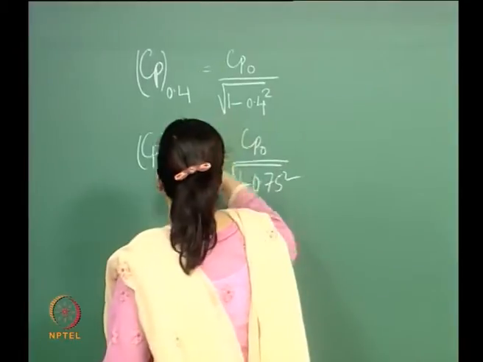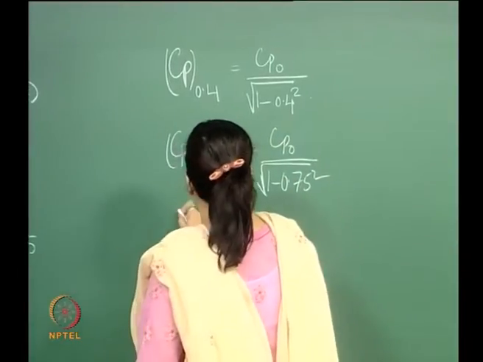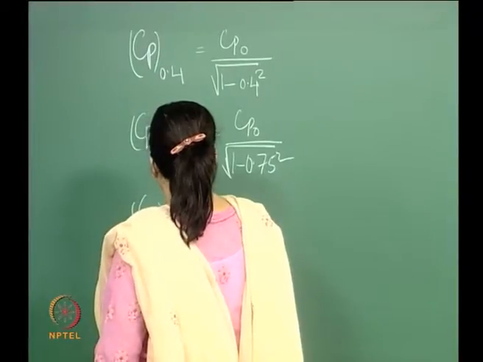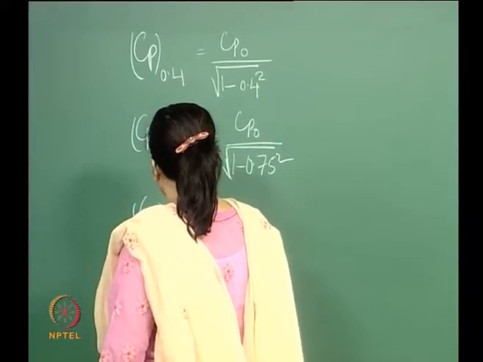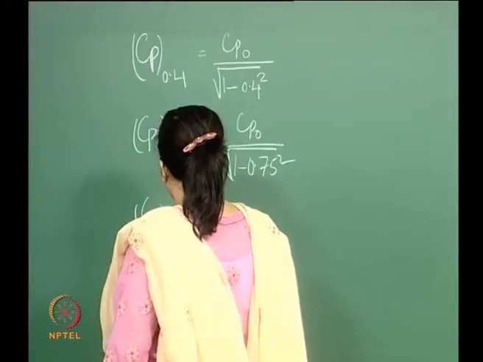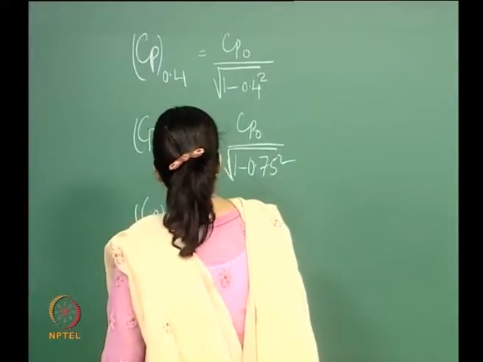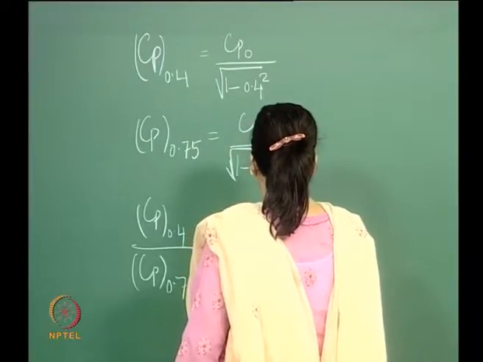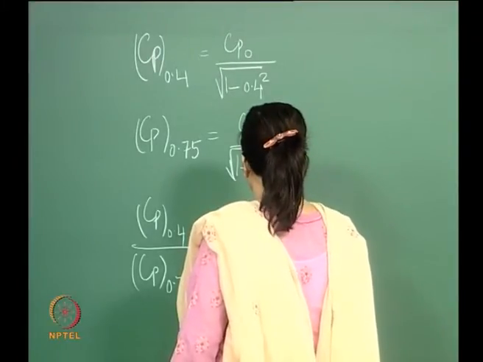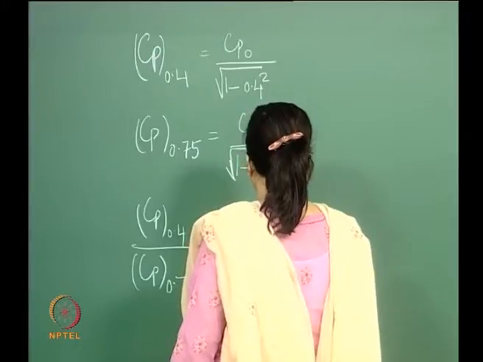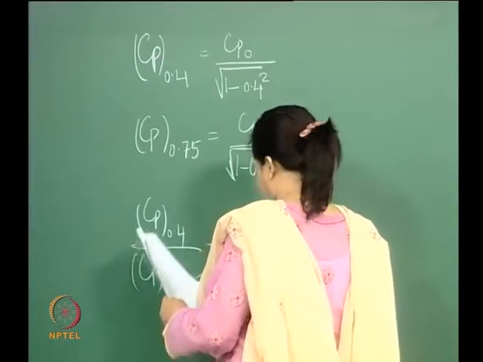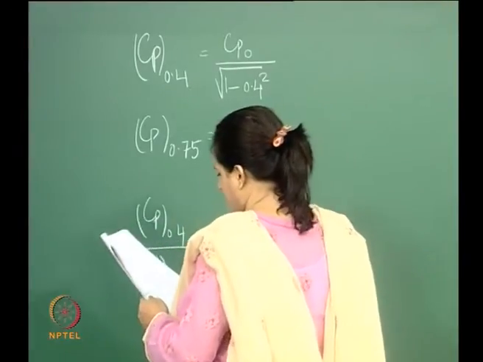So, therefore, let us divide the whole thing. So, therefore, say Cp 0.4 by Cp 0.75 is equal to, okay.